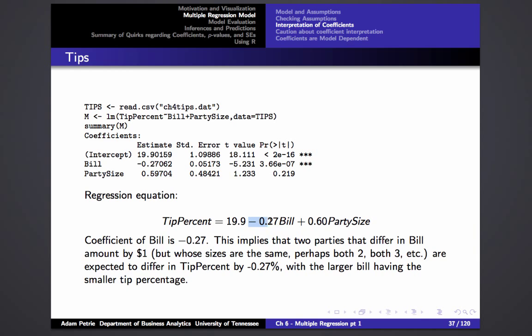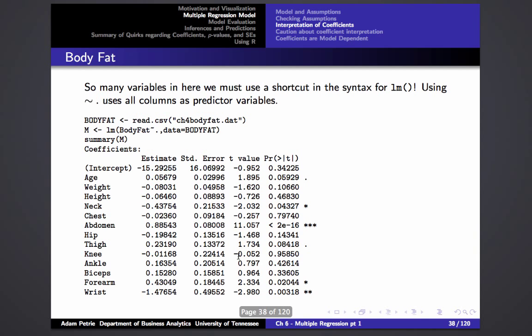All right, the coefficient of bill is minus 0.27. What does that mean? Well, that implies that two parties whose bill amounts differ by $1, but whose party sizes are identical, maybe 2, maybe 3, etc., are expected to differ in their tip percentages by 0.27%. Since it's negative, the party with the higher bill is expected to have the lower tip percentage.